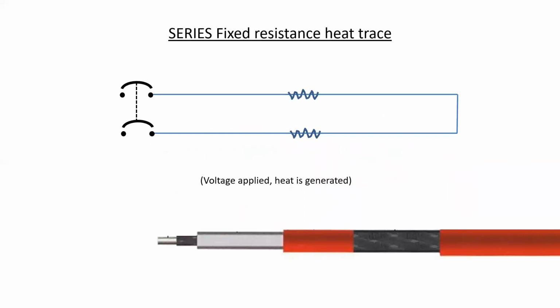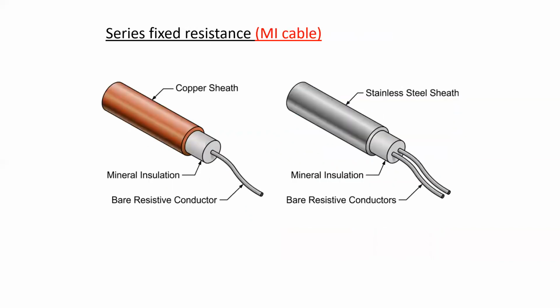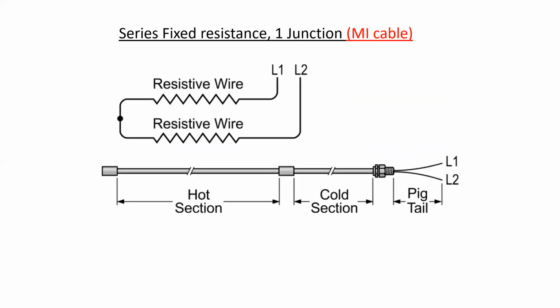Fixed resistance heat trace: a voltage is applied and heat is generated. It's a single wire. And because it's a single wire, it comes in many different forms. It can be two wires inside one stainless steel sheath, or it can be a single wire that is continuous all the way throughout its length. This is a series fixed resistance heat trace.